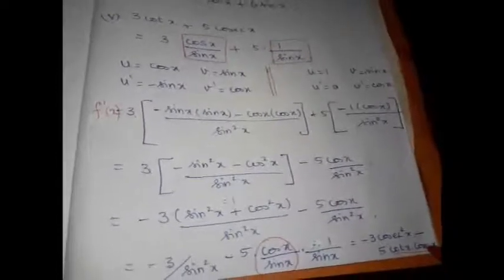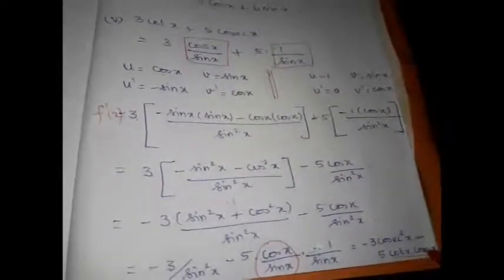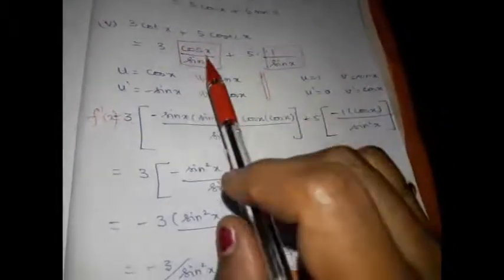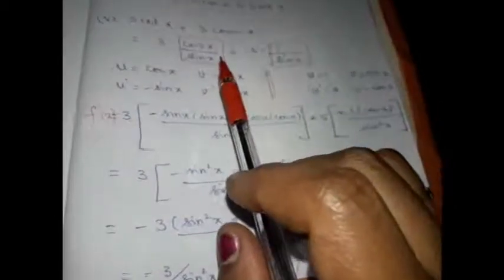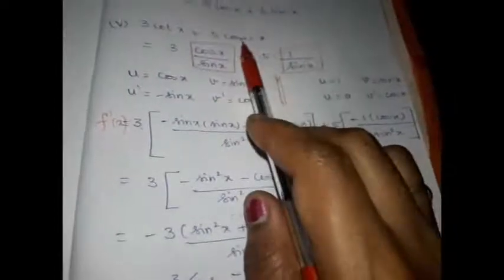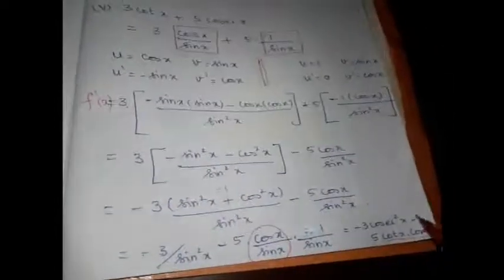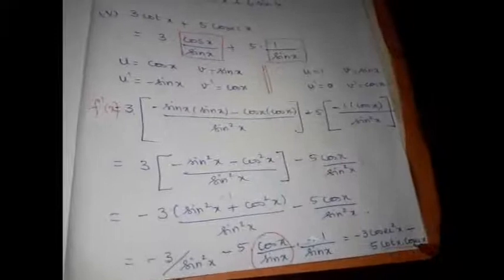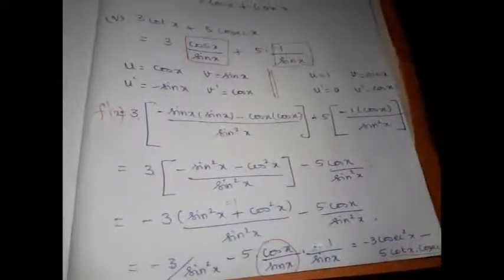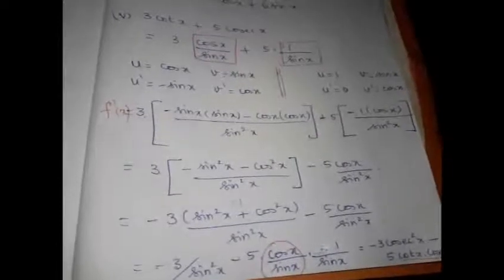Hope you remember the differentiation of tan x is secant square x. Therefore, the differentiation of cot x is minus cosecant square x. Similarly, the differentiation of secant x is secant x tan x, which we have seen in the previous problem. Similarly, the differentiation of cosecant x is minus cot x cosec x, right? Hope you got it. Let us see the next problem now.